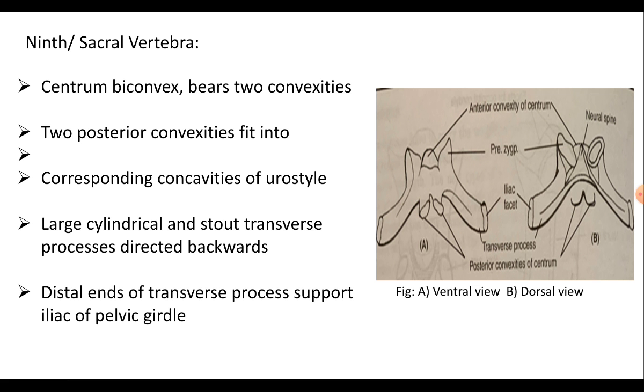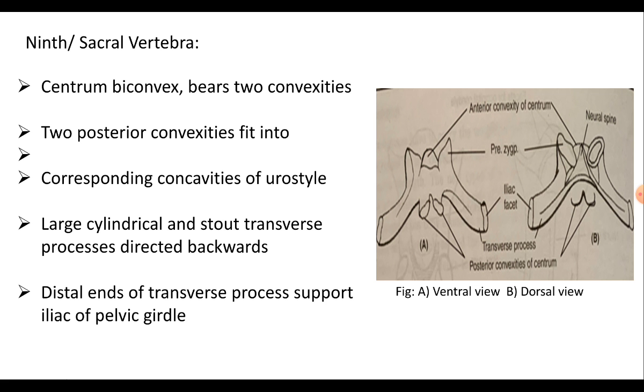and the centrum bears two posterior convexities that fit into the anterior convexities of the urostyle, that is the succeeding vertebra.